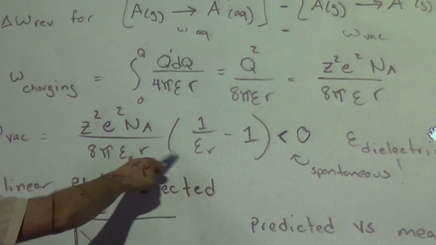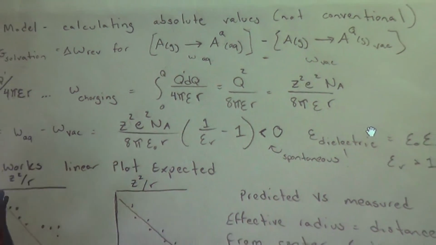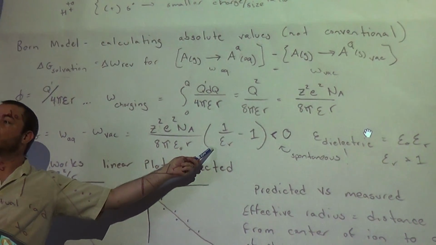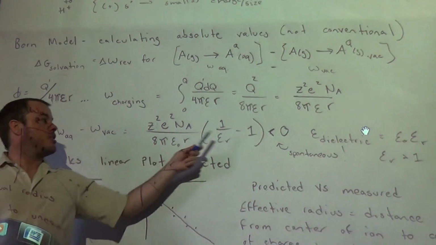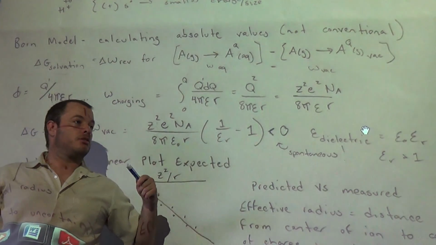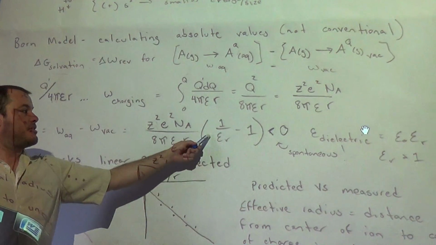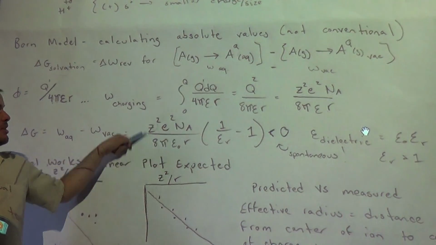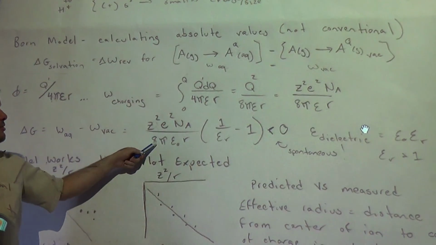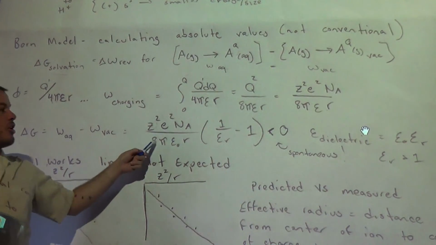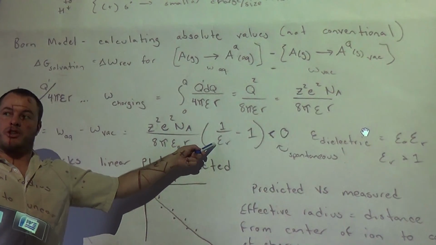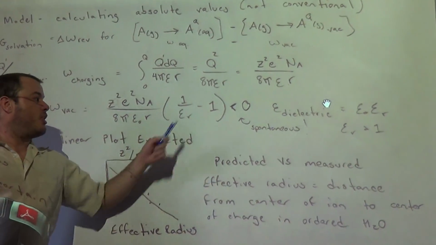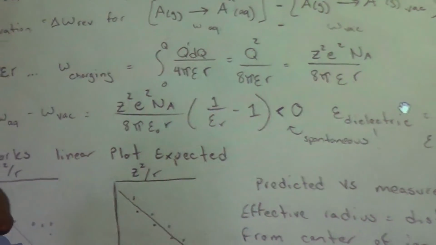What we end up with when we subtract the work required to do this in some solution versus the work required to do it in vacuum is two terms that are both multiplied by the same z squared, e squared, Avogadro's number over 8 pi epsilon naught r, but the front term has this epsilon r in it, where epsilon r is something that's greater than 1.